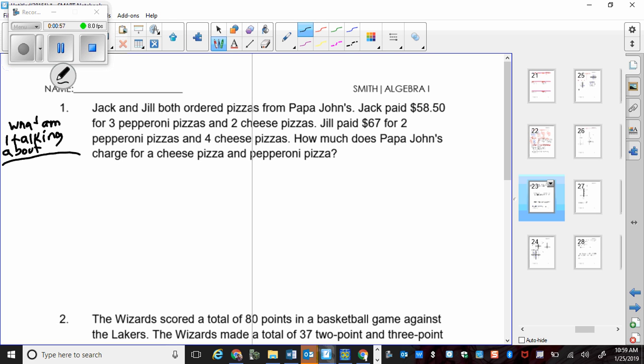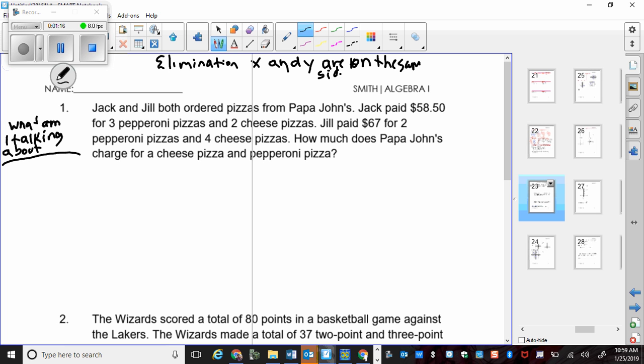remember, if we're using elimination, x and y, the best thing is x and y are on the same side, right?